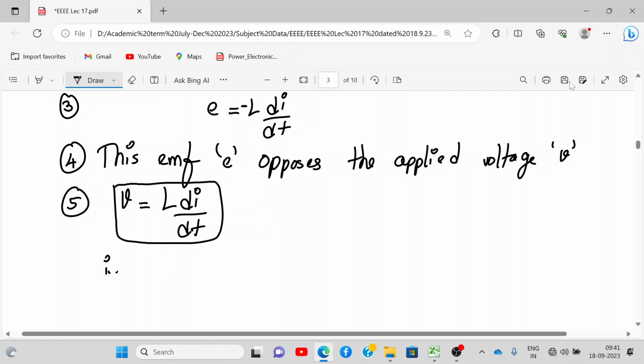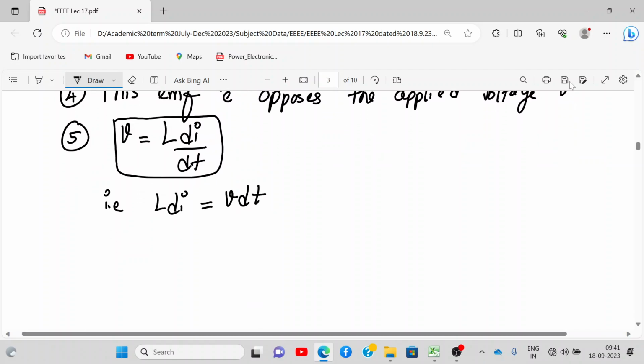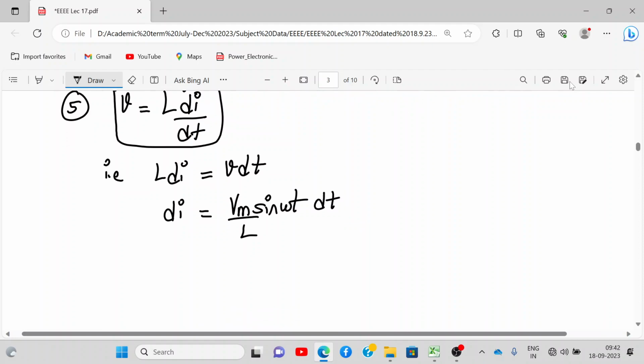Now, I'll just cross multiply. So L di is equal to V into dt. So di will be, writing V as Vm sine omega t, and this L will come down, dt. Now, how will I solve this further? Di is a derivative, it's not just a notation.